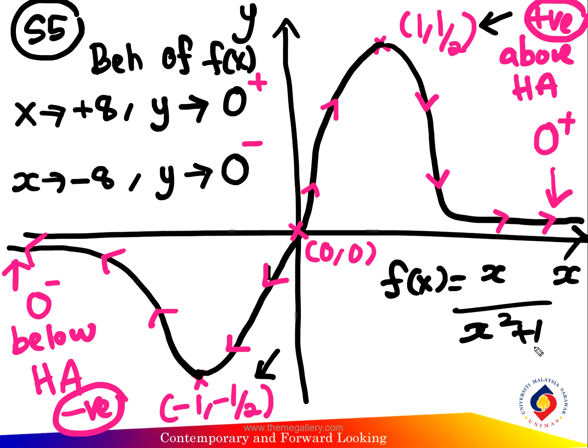On the graph, you label the relative maximum (1, 1/2), and here you label the relative minimum point (-1, -1/2), the intercept of the function, and then the graph f(x) equals x over x squared plus 1. Okay, settle.